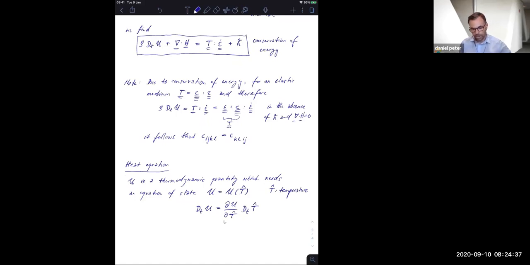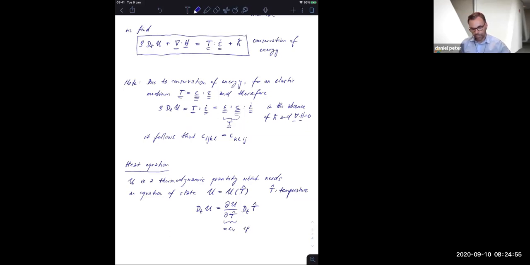And so this quantity here, the derivative of the internal energy with respect to temperature, this is called the specific heat.